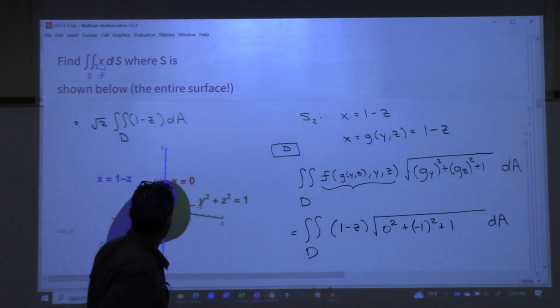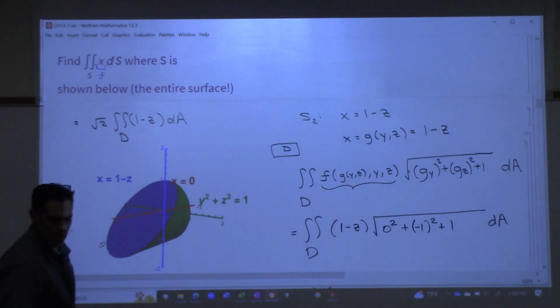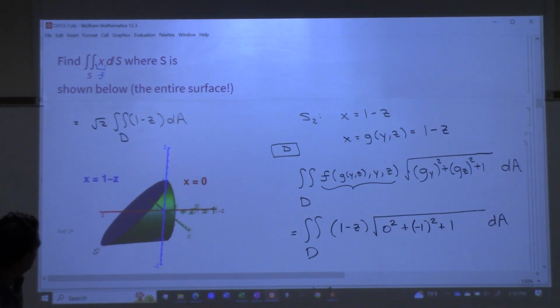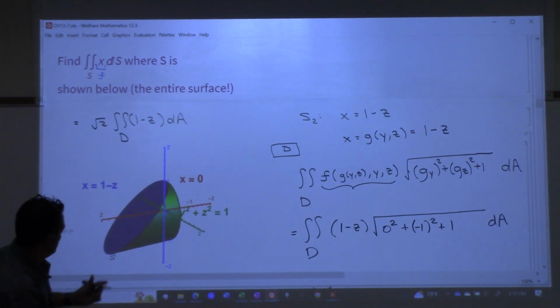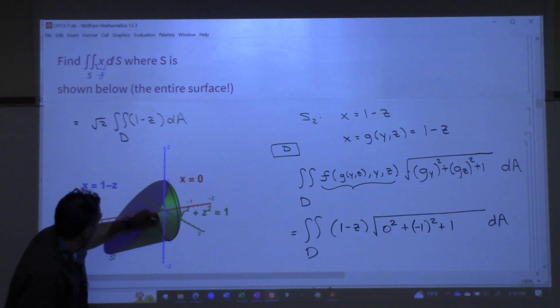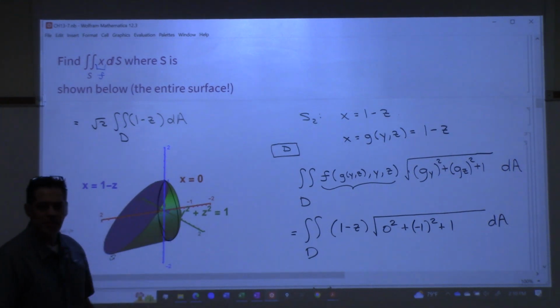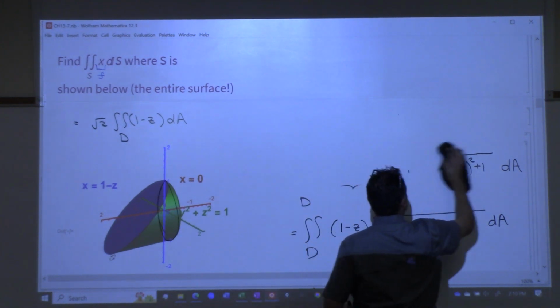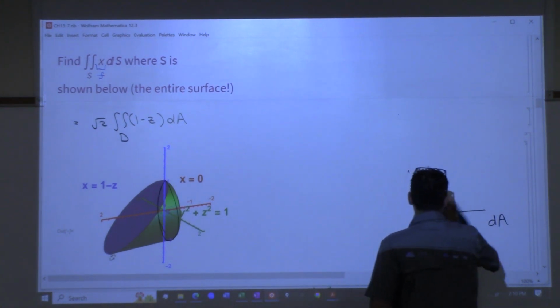It's a disk. So if we project this blue onto the YZ plane, it's kind of hard to see, but the projection of that would be that, and that lives in the YZ plane. So I need to actually look at that projection.